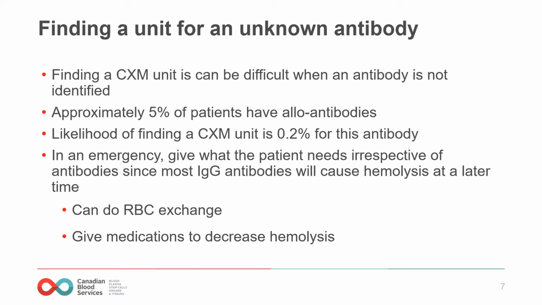And in an emergency, give what the patient needs regardless of the antibodies, since most IgG antibodies will cause hemolysis at a later time. What medical can do is red blood cell exchange to remove the incompatible units in the patient's system and replace them with antigen-negative RBC units, and or give medications to decrease hemolysis.